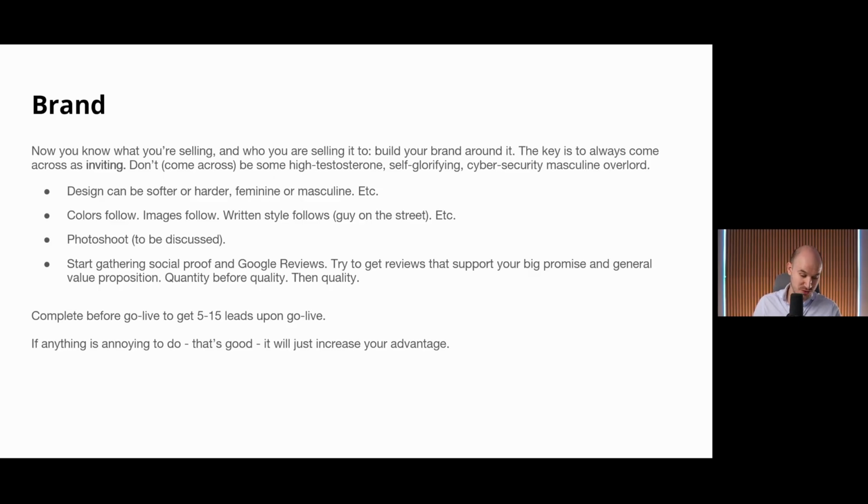Then think about your ideal clients. If they're a smaller company, would they really want to see some super hardcore corporate website, or a website with more of a small business feel? Build your website, your brand, and your assets online in such a way that you think it would appeal to your target market.